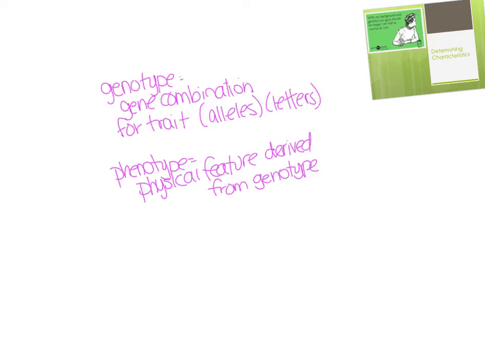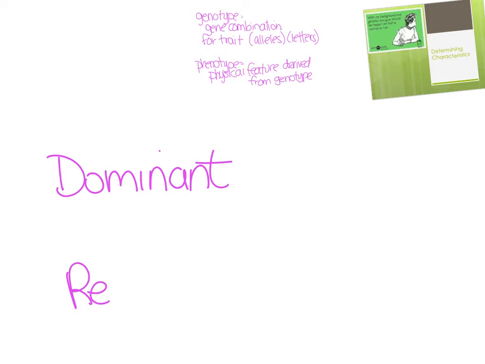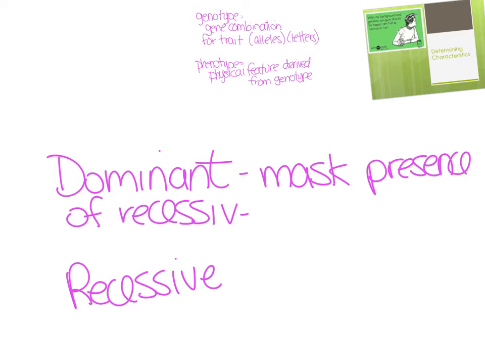We also heard in there, you have two different types of alleles. What are the two alleles? Dominant and recessive. What can you tell me about the dominant allele? Stronger of two genes expressed in a hybrid, represented with capital letters. Yep, so this one here is going to mask the presence of a recessive if they're together.